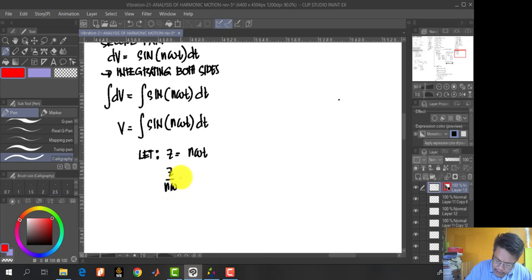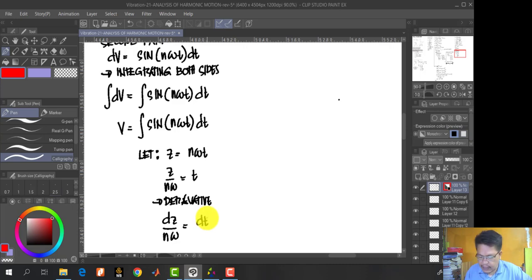The time stays on the other side. So this is t. Then what I'm going to do is take the derivative of both sides. So the derivative will become dz, and the angular velocity, and this will become your dt on the other side.